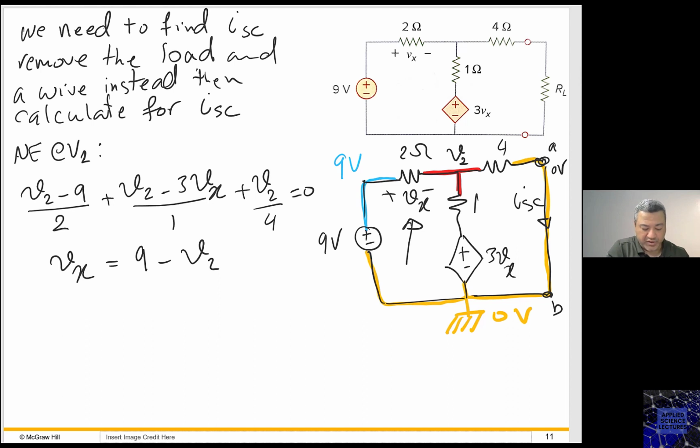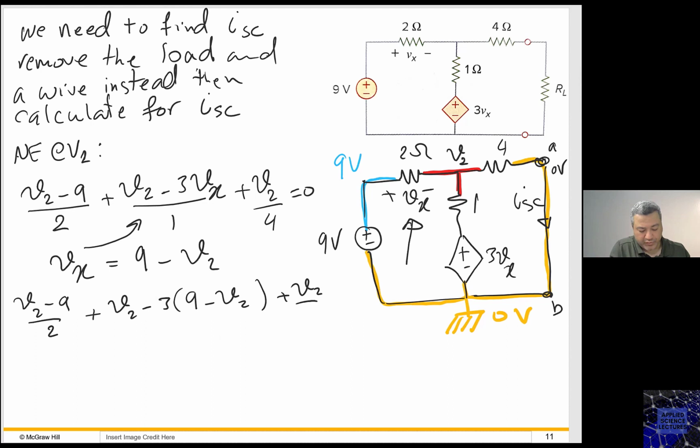Now, solving this equation, after substituting, what do I get? Okay, if you take this one and substitute it here, you get V2 minus 9 over 2 plus V2 minus 3 times 9 minus V2, plus V2 over 4 equals 0.